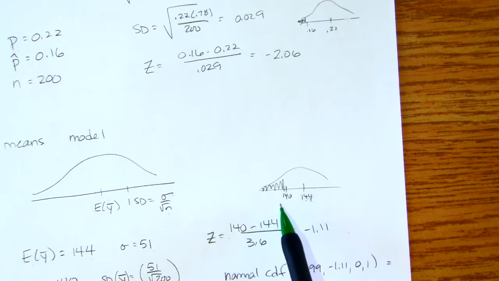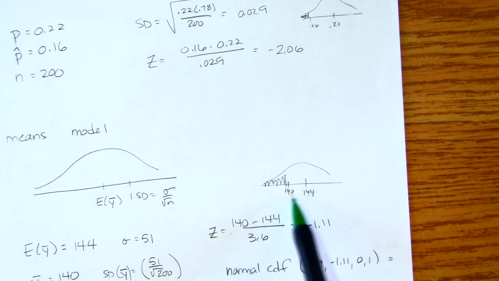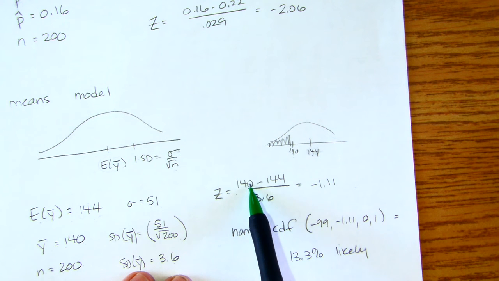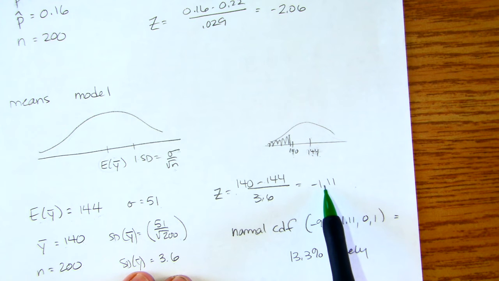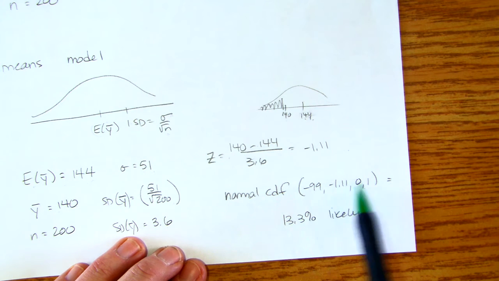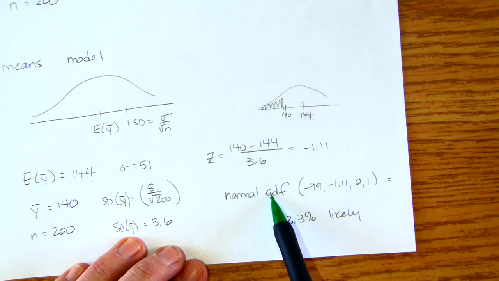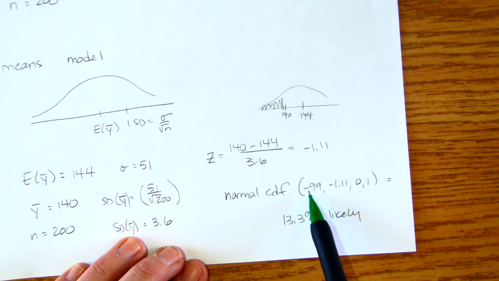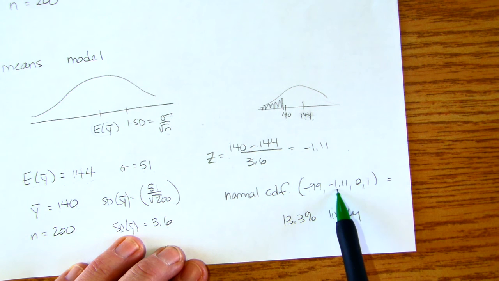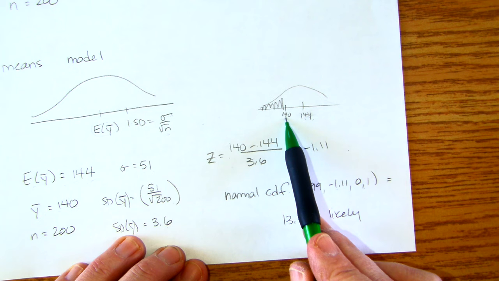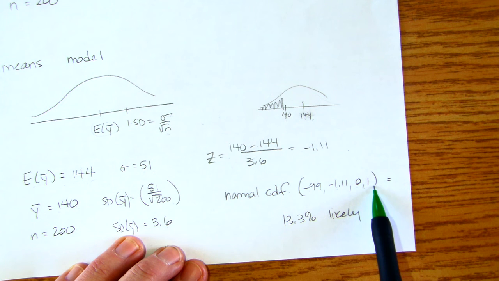And so again, here's my model. I have 144 pounds. My sample produced a mean of 140. How unusual is that? My sample minus my expected divided by my standard deviation. Turns out I'm only about one standard deviation below what I expected. That's not very unusual. To remind you how you would do that, you'd put that in your calculator, find a cumulative value of the normal model from negative 99 standard deviations, that's way down here, to negative 1.1 standard deviations, which is where this showed up with a mean of 0 and a standard deviation of 1.